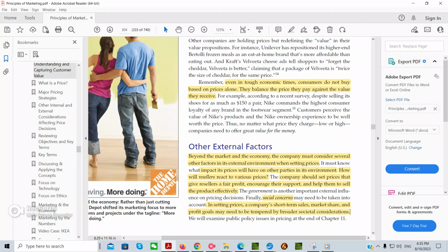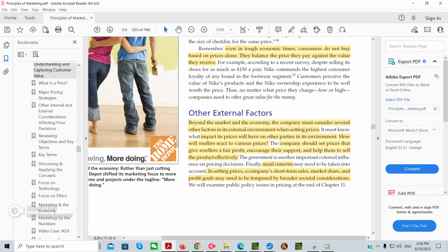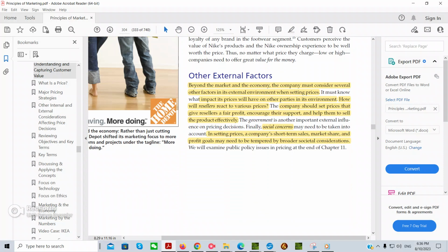For example, if you increase the prices of things too much, people are unhappy, they think it's unfair, unethical, whatever. Or if you increase it just for a short period of time, they'll think that's an okay thing to do in the culture. So, social considerations relate to the culture of the society you're in and how they respond to price changes. Okay?